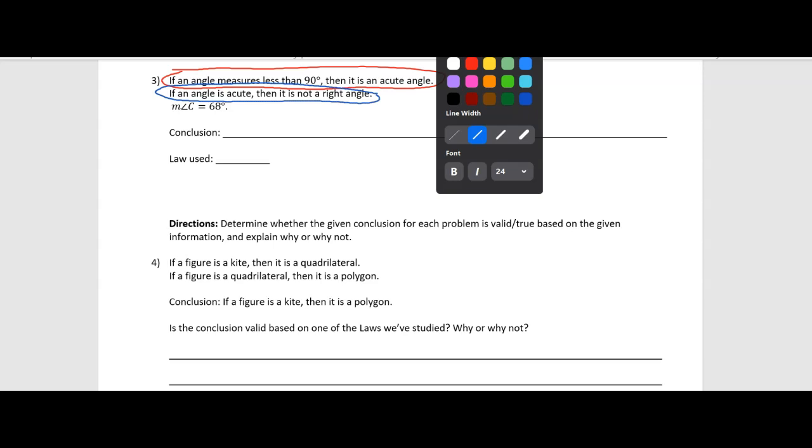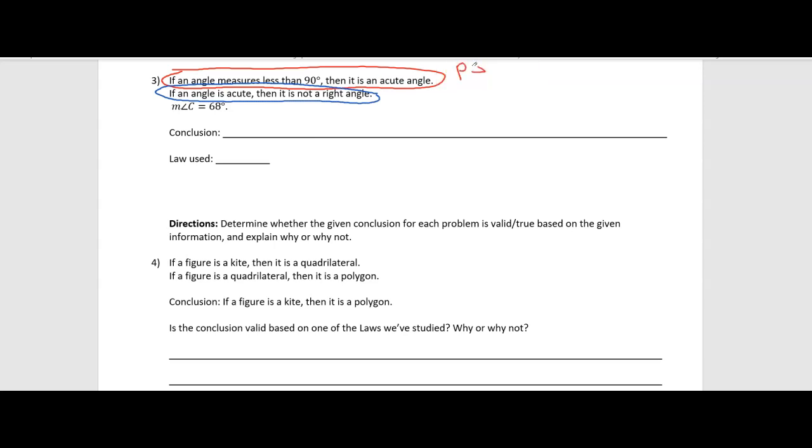So for the first statement, we have P implies Q. For the second statement, we have Q implies R. And then we are given a piece of information. It says measurement of angle C equals 68 degrees. This is really a P, right? Because P is if an angle measures less than 90 degrees.